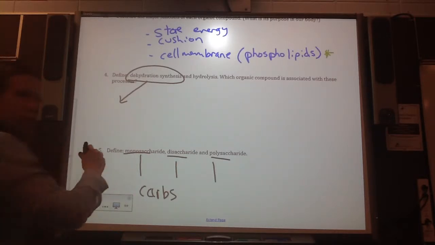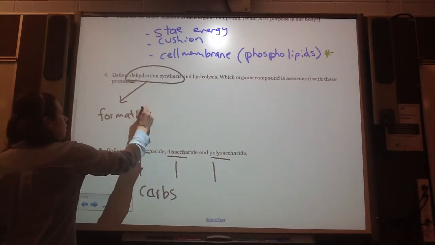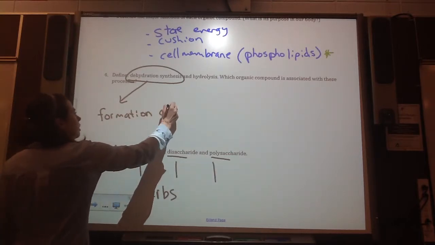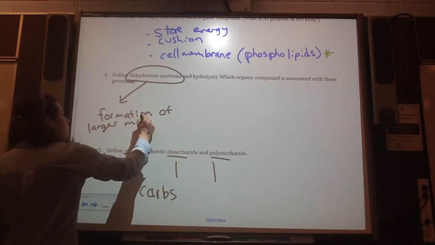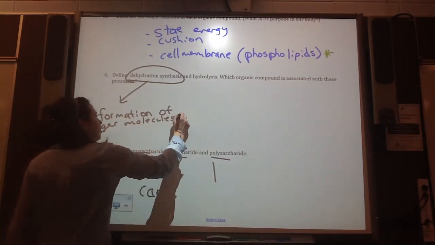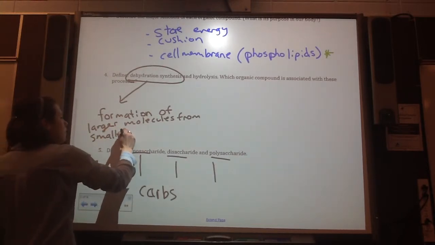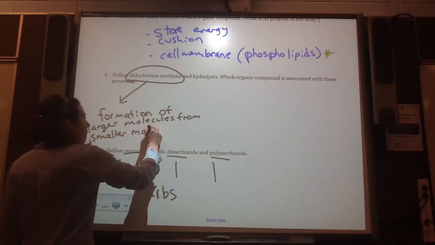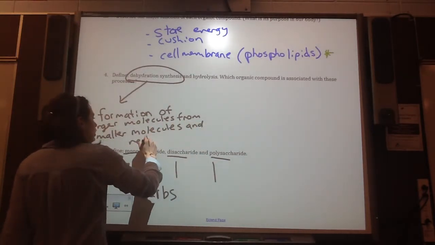Formation of larger molecules from smaller molecules. Good. And what did you say about water? It removes H2O.